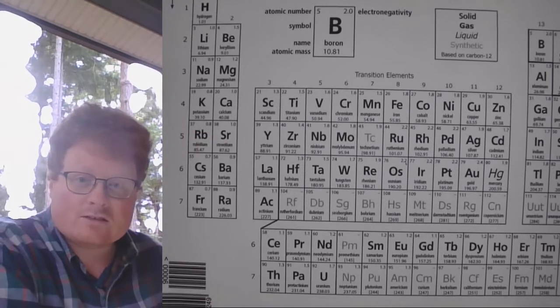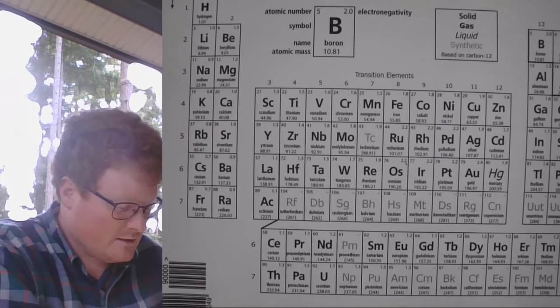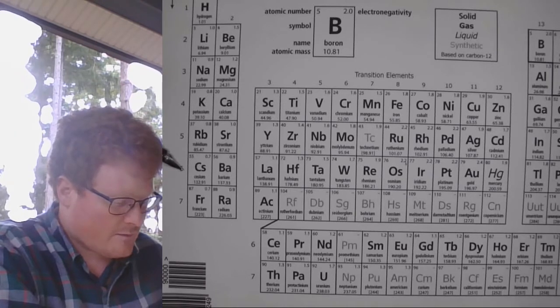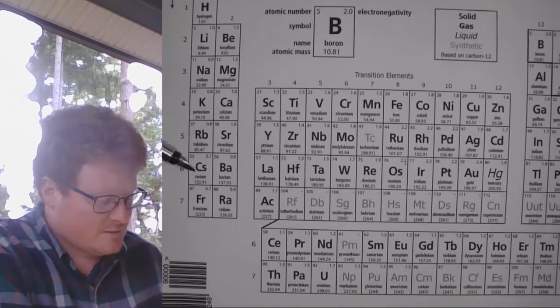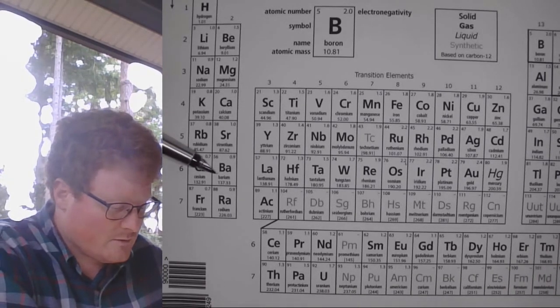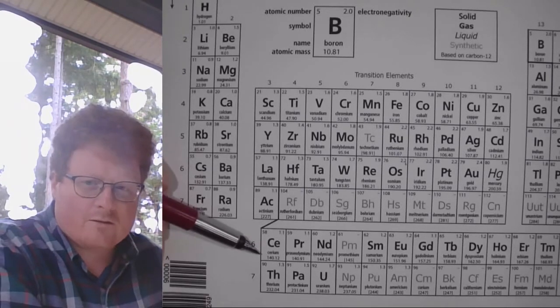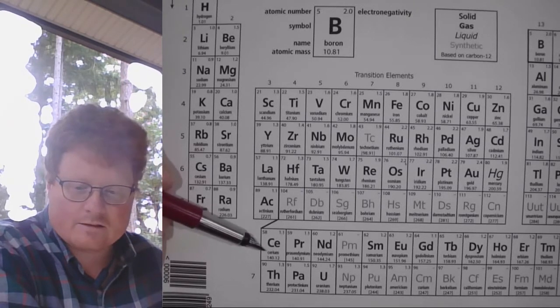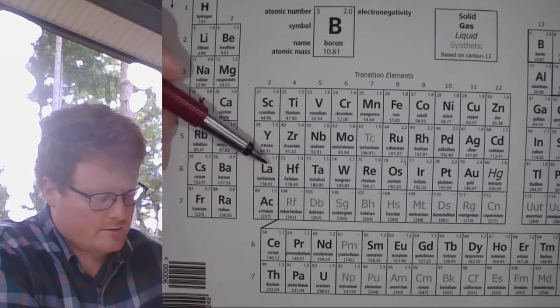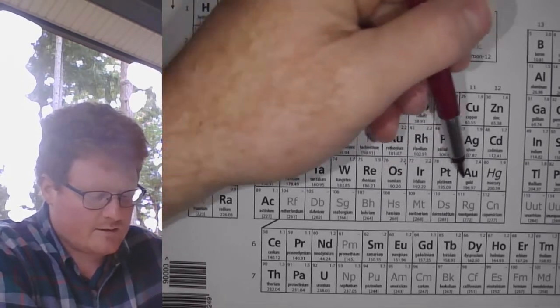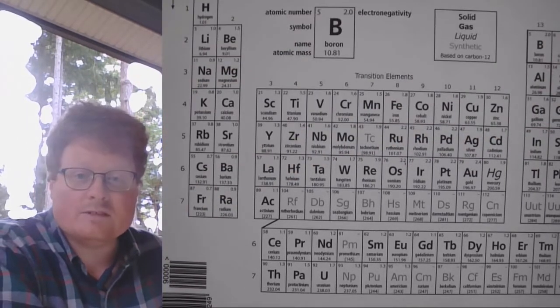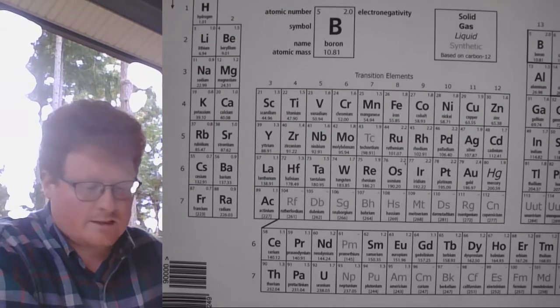You don't get access to the F block until you get all the way down into row 6. Then in row 6, the electronic configuration, which we'll go over as well, is going to look something like xenon, 6s2, 4f14, then 5d, 6s. I'll do a few examples of those just so you can see them.